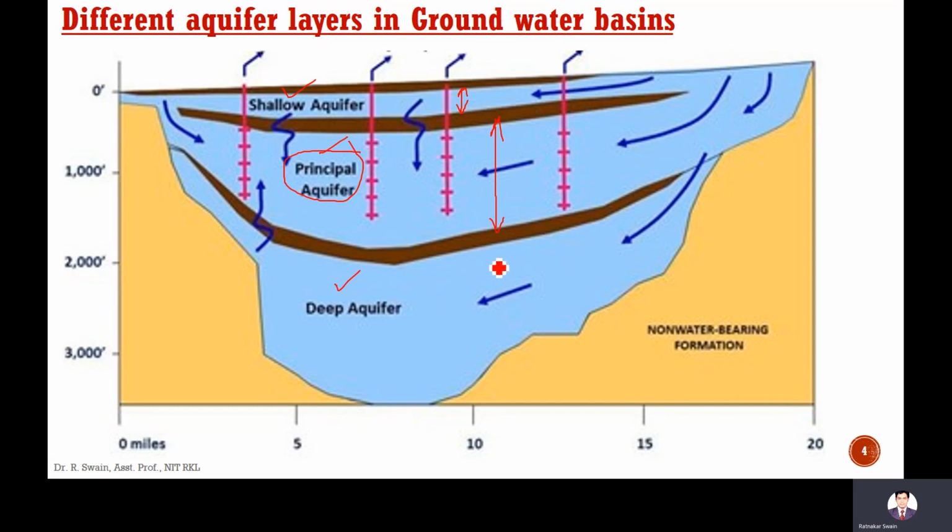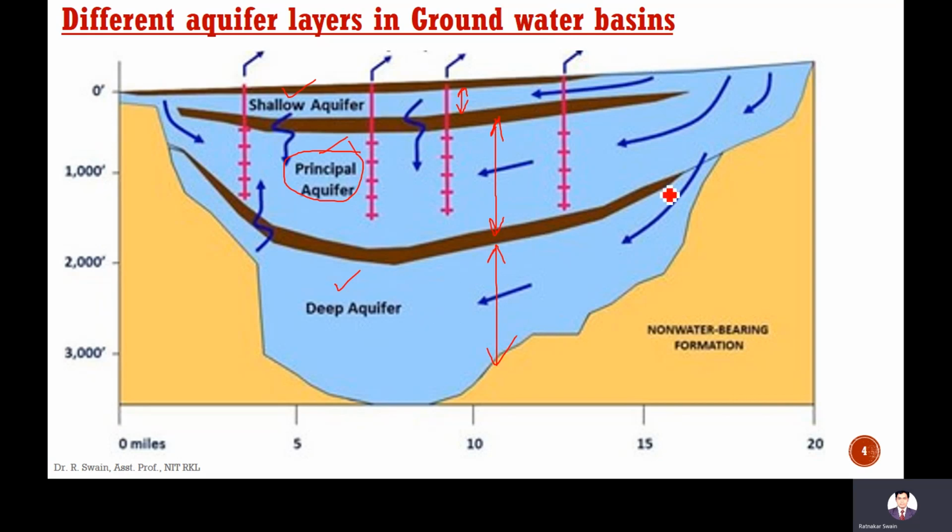Although it contains a huge amount of groundwater storage, the deep aquifer is not usually used for extraction. It depends upon the principal aquifer. If the principal aquifer thickness is less and sufficient water is not available from it, then we may go for the deep aquifer.